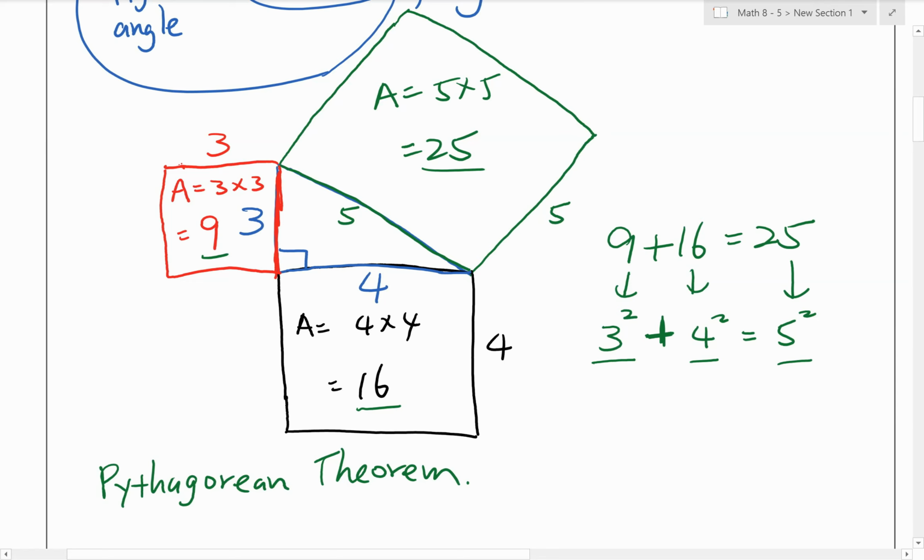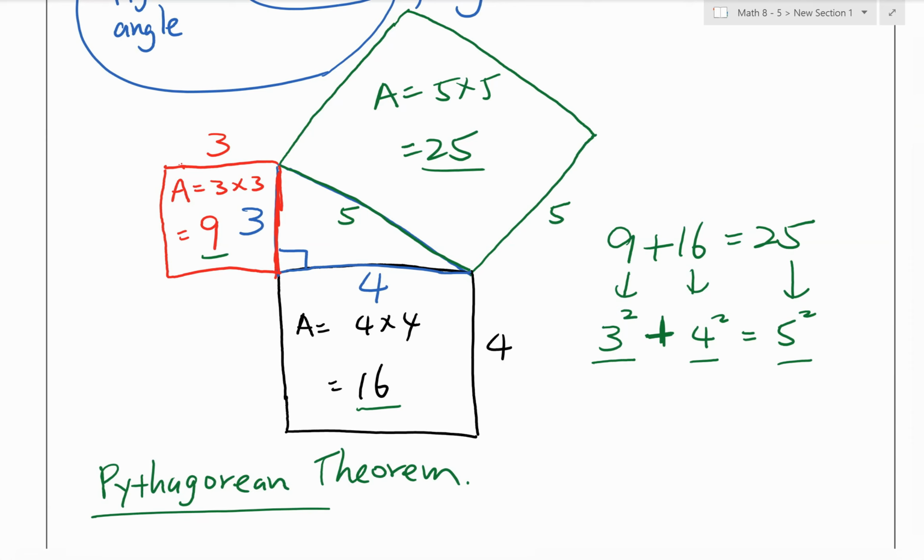I guess you would imagine the Pythagorean theorem, the name is coming after Pythagoras. I don't think he discovered this theorem. Maybe he did, I don't know. You know what, I didn't study history of math.